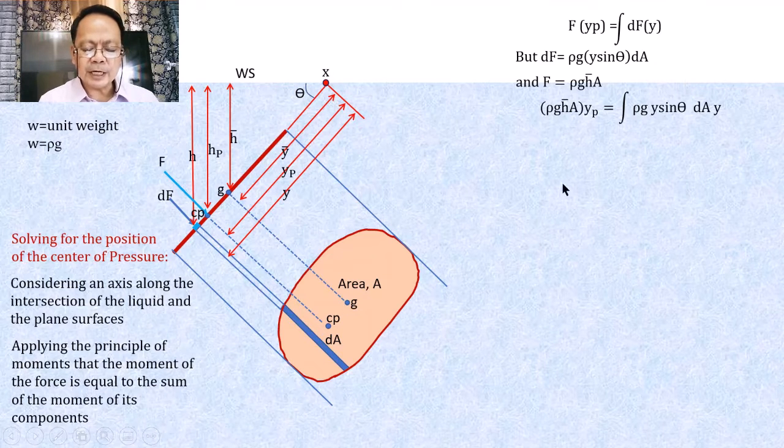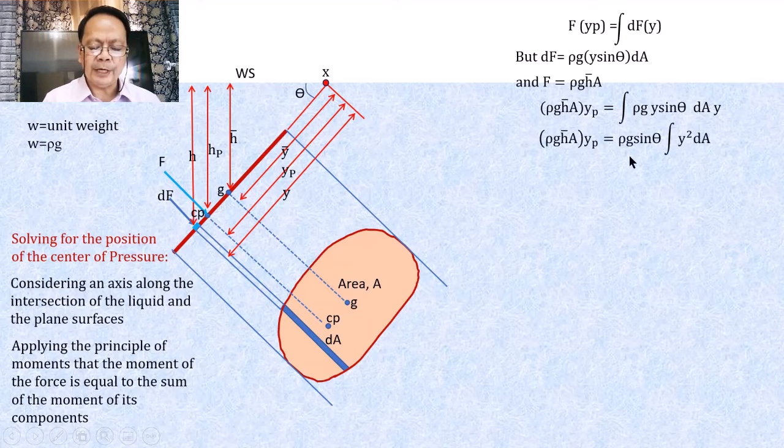Now, let us try to analyze this part. If y and y will be combined, therefore we will have y squared. And if sine theta, rho and g shall be taken out of the integral sign because they are all constant, di ba? Therefore, what do we have? We shall be having rho g sine of theta times the integral of y squared multiplied by dA, keeping the left-hand side the same.